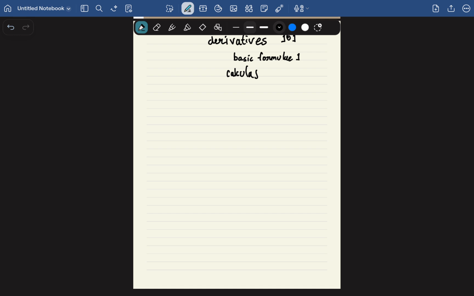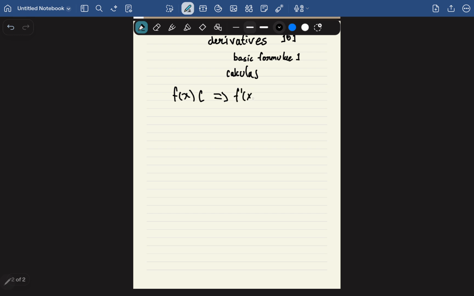Okay, the first formula is f of x, the derivative of a constant c, is equal to 0. This is just the derivative or calculus notation; you'd understand if you know calculus.